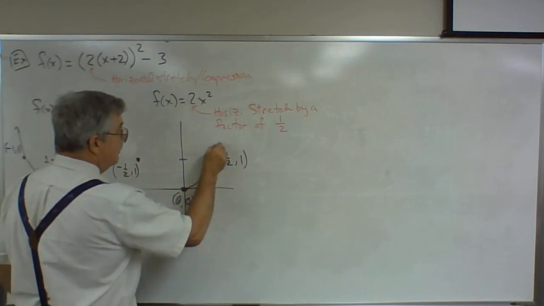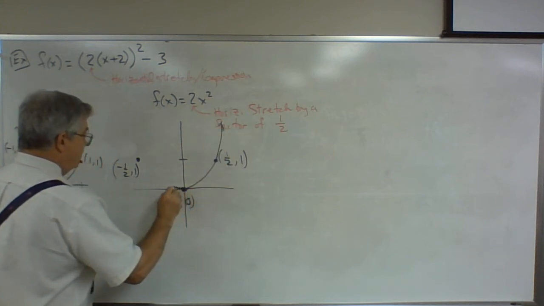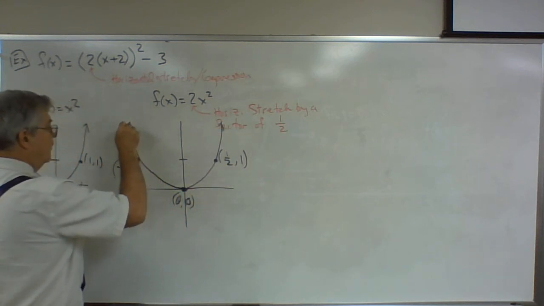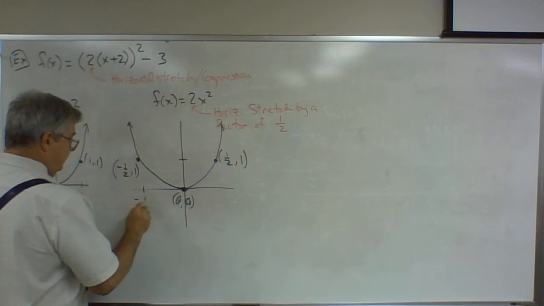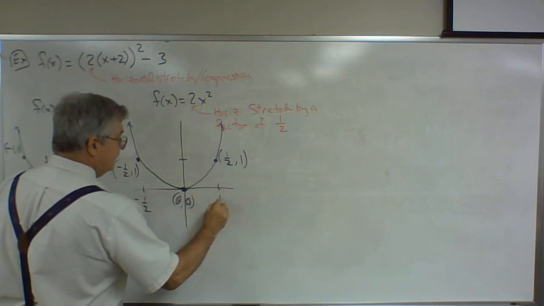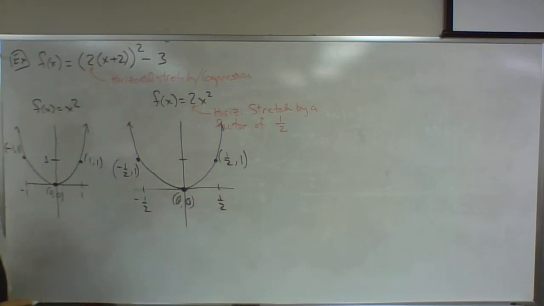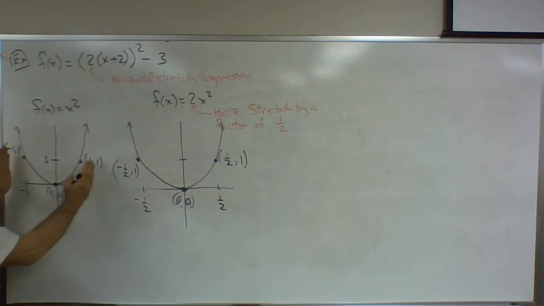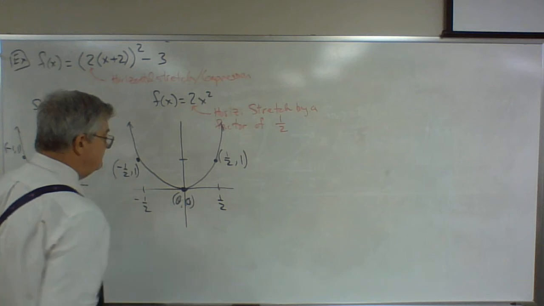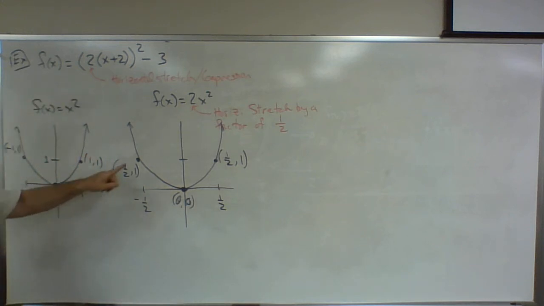Okay, there are our points. That's the new graph. This graph has been compressed horizontally. The x coordinate, look at this point. X coordinate is -1.